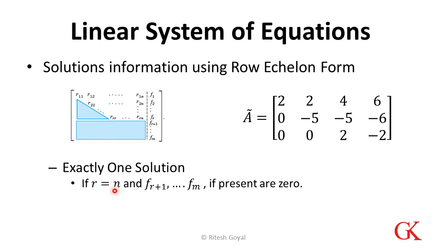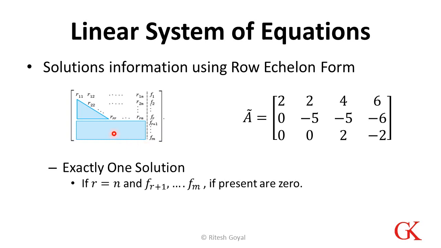If that happens, then there is a chance for exactly one solution. And the second condition, for these zero coefficient rows, the right hand side parameter or the last column of the augmented matrix should have zero entries.